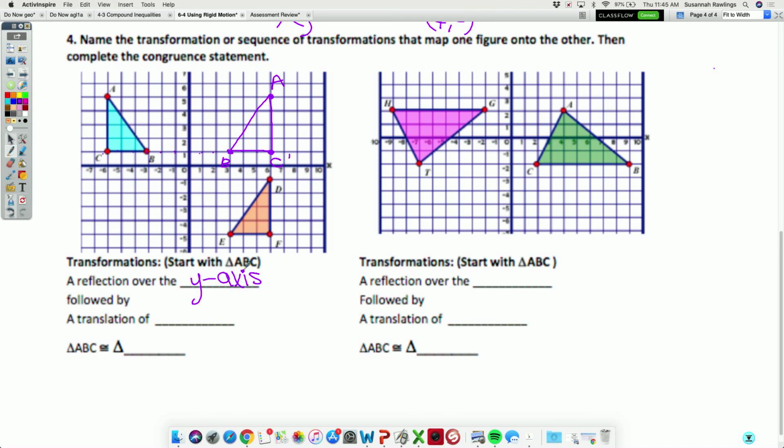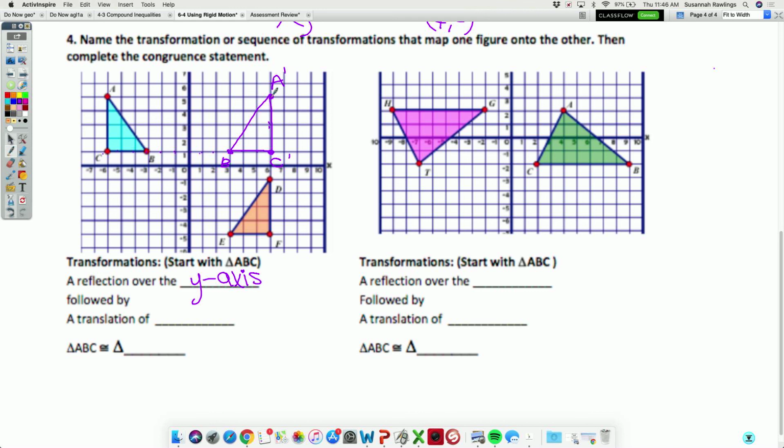Okay, that's reflecting over the y-axis, and then it says we're translating. Guys, we're still recording. Then we are translating where, Devin? Sorry, man. We've reflected it over the y-axis. Now we need to translate it where to line it up with DEF. Down. So let's figure out A should line up with what point?